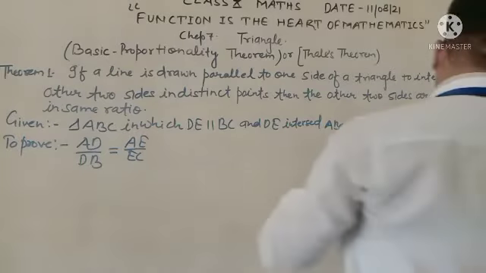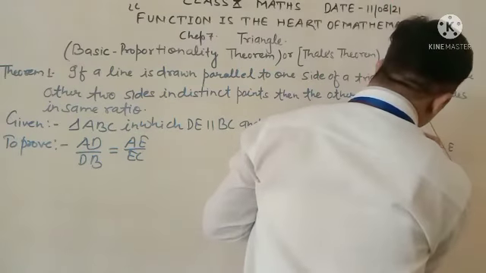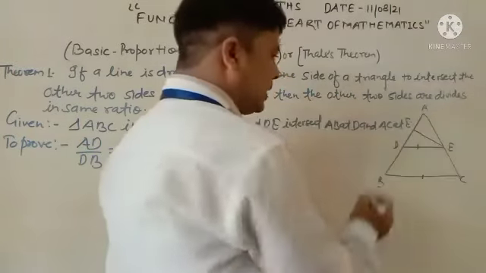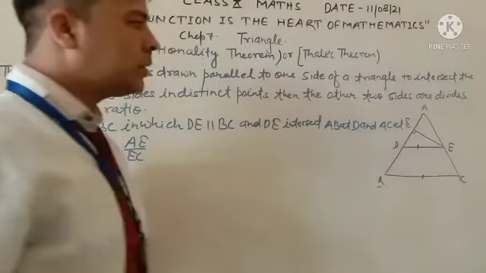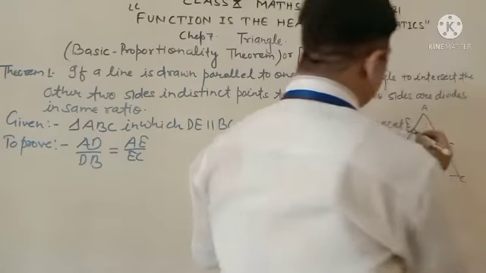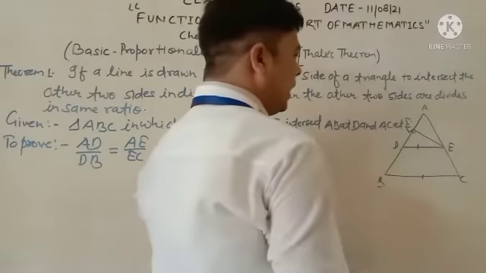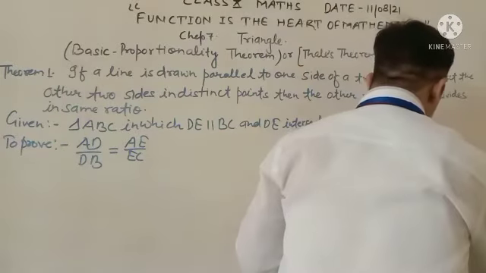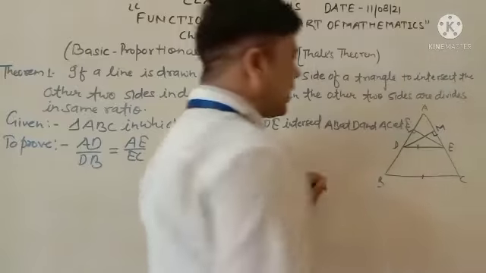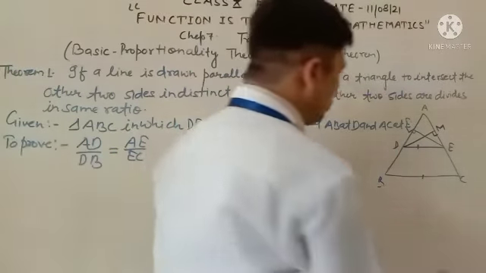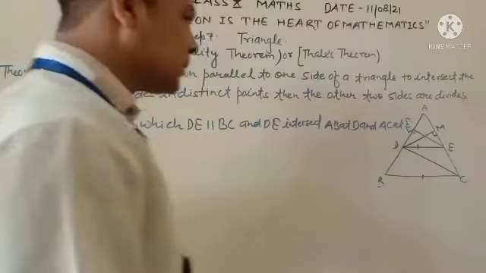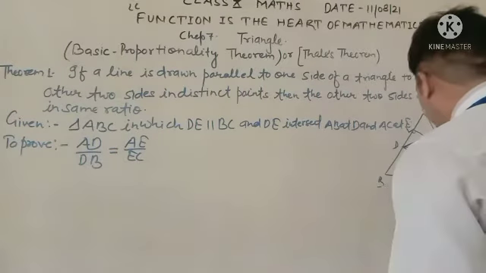Firstly, the perpendicular from vertex E on AB, name it as L. And draw another perpendicular from D to AC, name it M. Join BE and CD.